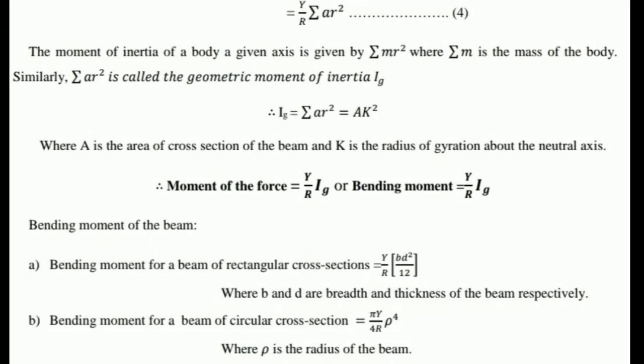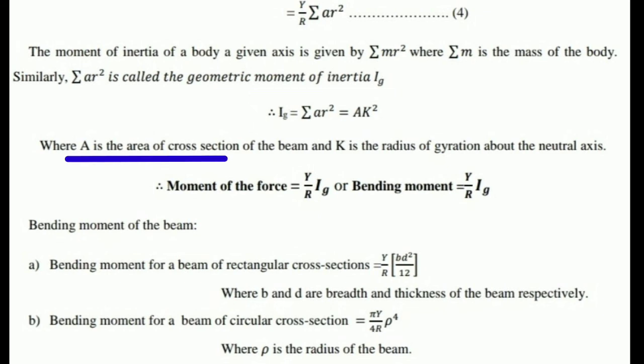The moment of inertia of a body is given by summation m r square, where m is the mass of the body. Similarly, summation A r square is called the geometric moment of inertia, which we call Ig. So Ig we can write as summation A r square, that is nothing but A k square.